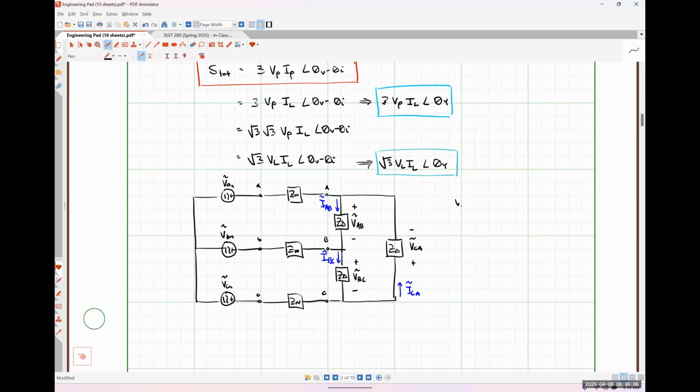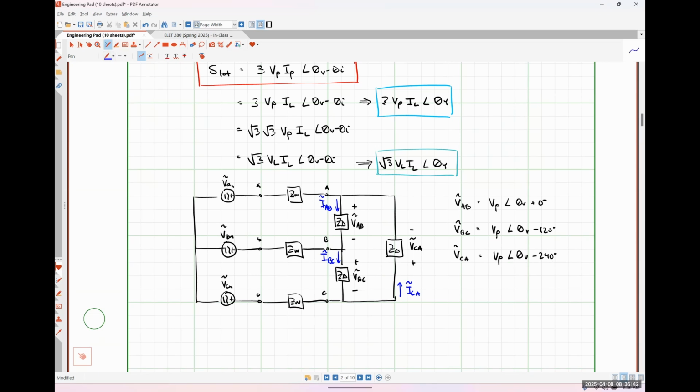And let's say that VAB is VP with an angle of theta V plus 0 degrees. VBC is VP with an angle of theta V minus 120 degrees. And VCA is just the magnitude of our phase voltage, angle theta V minus 240 degrees.